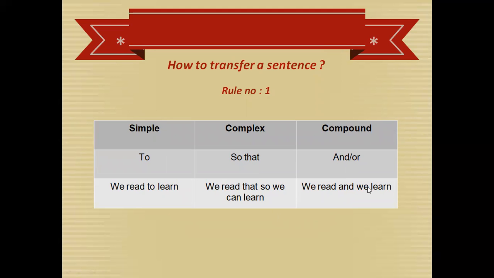A compound sentence consists of two main clauses. What are the main clauses? We read and we learn. So these are two main clauses combined by the coordinate conjunction and. So what's the first rule? In simple to, you have to change in complex to so that, then in compound to and. So this is rule one.